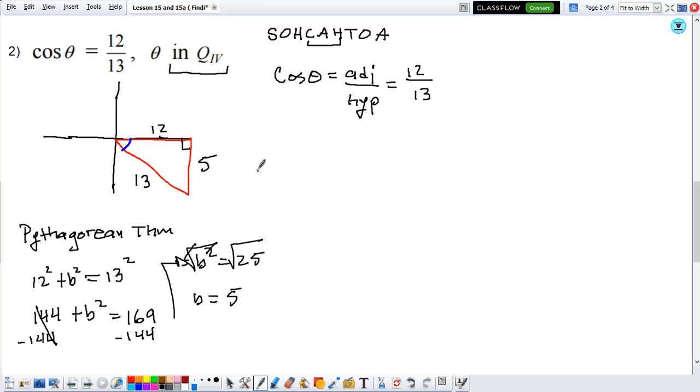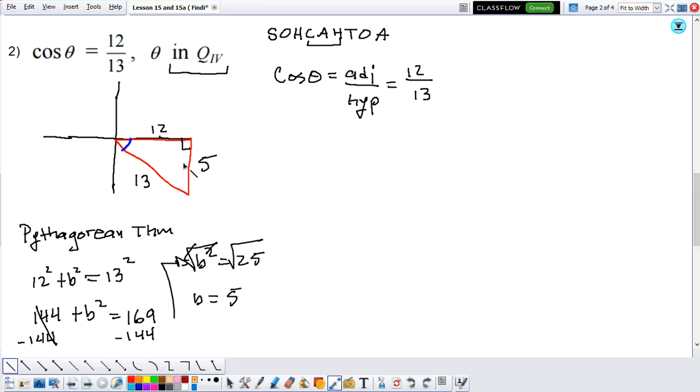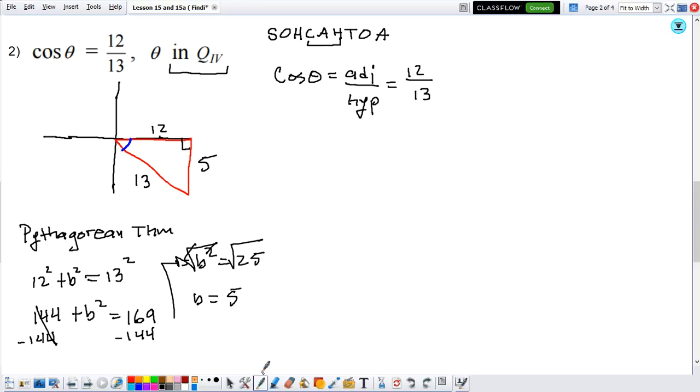But now, stop here and let's see if this makes any sense. Notice that in quadrant 4, these are your y values. And what do you know about the y values in quadrant 4? We know that the y values are negative here. So that means that our opposite is not just 5, but negative 5.